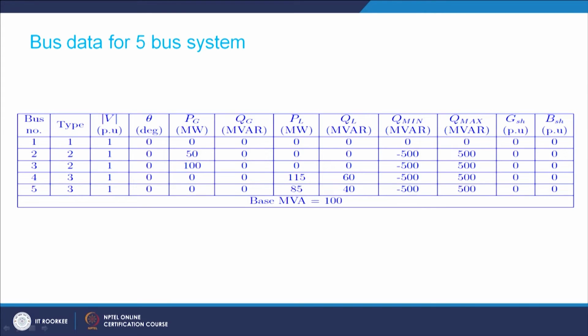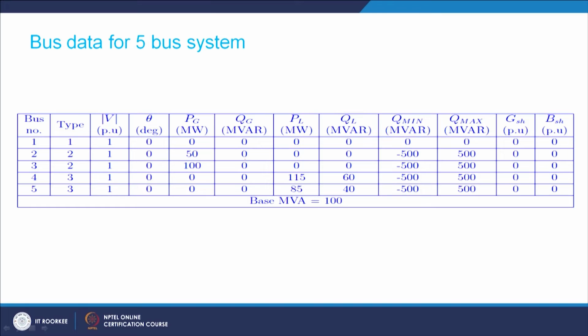Although these are not necessary, for bus 2 and bus 3 we have Q min and Q max. Q min is minus 500 and Q max is plus 500. For bus 4 and 5 these are not necessary either, but they have come anyway. And we have taken base MVA to be 100 MVA.